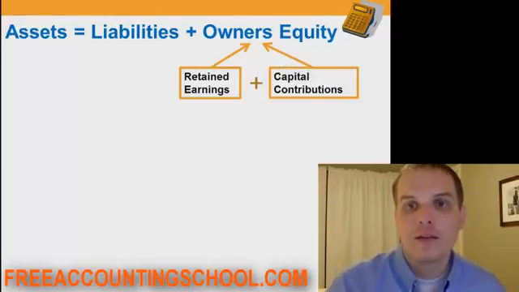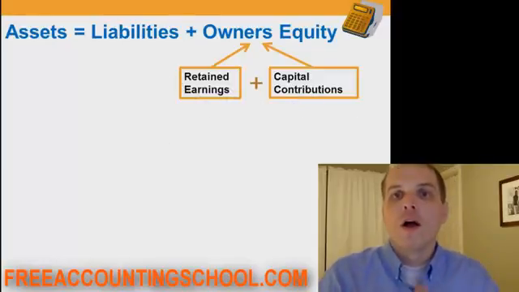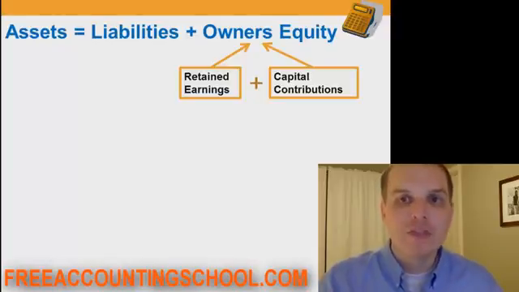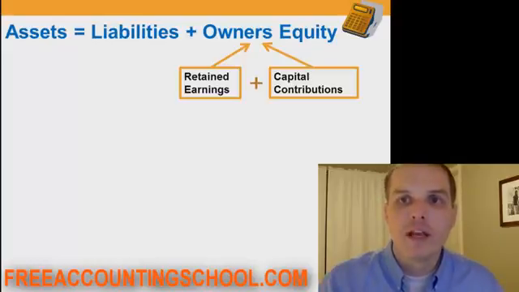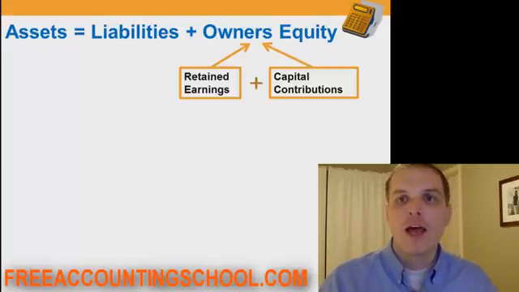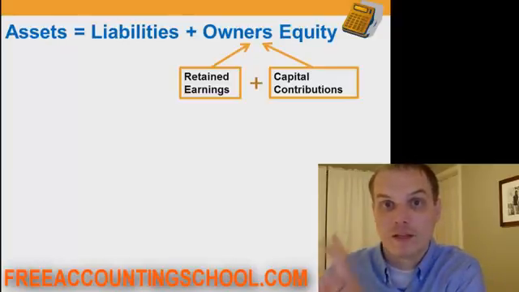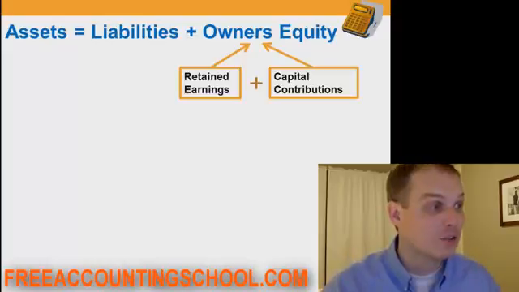Next, let's look at this term right here, retained earnings. What is retained earnings? Well, they are the profits that the owners of the business decide to leave in the business at the end of the year. So in your business, if you have a profit of $100,000 and you decide you're only going to take $50,000 out of the business and go spend that money and have fun with it, but you're going to leave $50,000 of those profits in the business, so those assets are going to stay in the business.